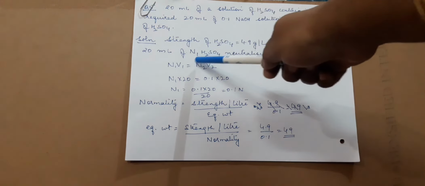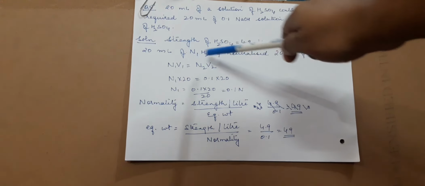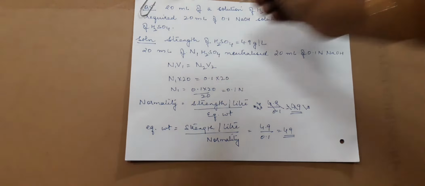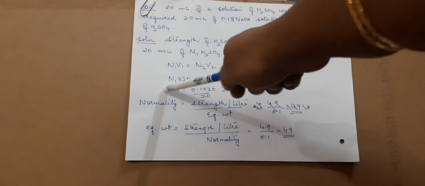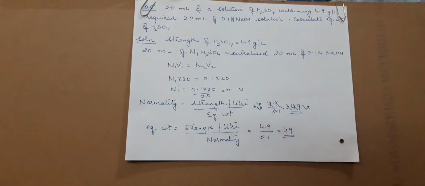So let the normality of H2SO4 be N1. 20 ml of that N1 H2SO4 required 20 ml of 0.1 normal NaOH. Let me write it down over here. Using the normality equation, N1V1 equals N2V2. We have to calculate N1. 20 is the volume, 0.1 is N2, 20 is the volume. So N1 is also 0.1.